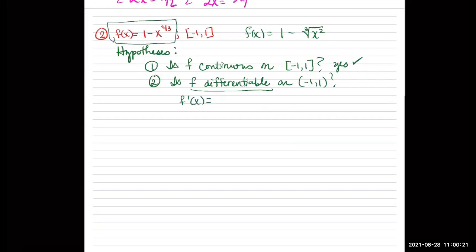So if I find the derivative of that function, the derivative of 1 is 0, minus, drop that exponent down front. So it looks like this. Then I would rewrite it so it doesn't have a negative exponent. 2/3 minus 1 is -1/3, right? That should be a -1/3. I meant to subtract 1 from that exponent.